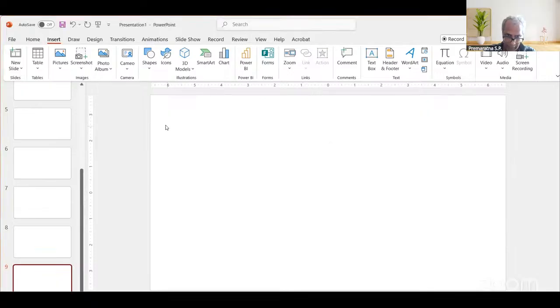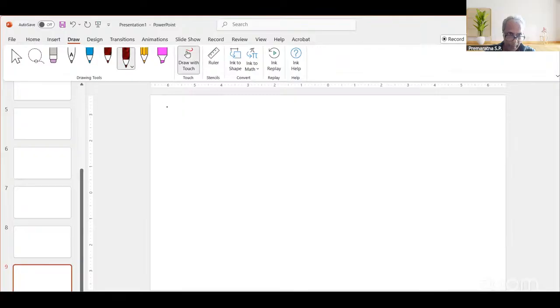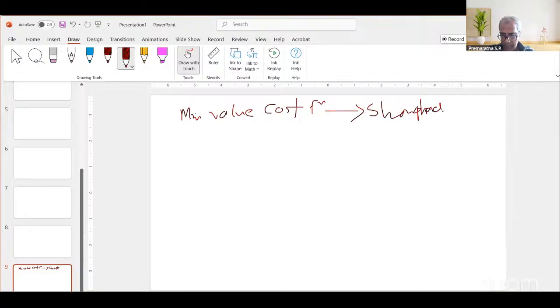last thing I discussed last week: how to derive the minimum value cost function and using it, through Shephard's lemma, get the labor and capital input demand functions, the indirect labor and capital input demand functions.